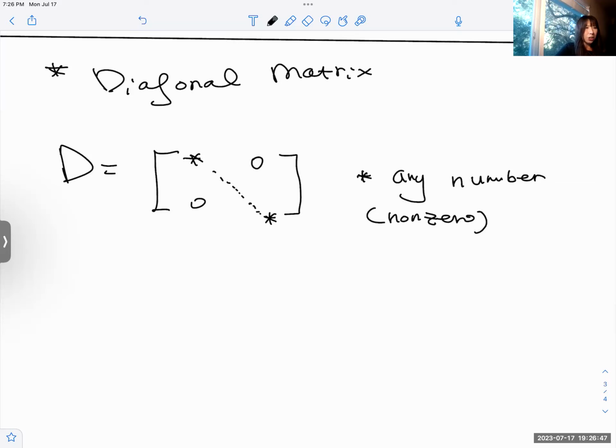Okay, now the definition. So they say that diagonalizable.